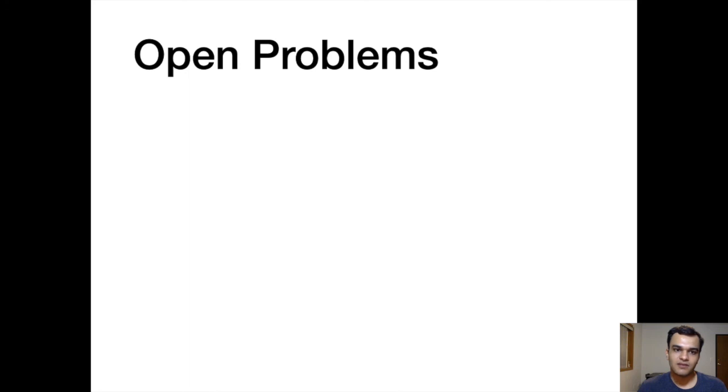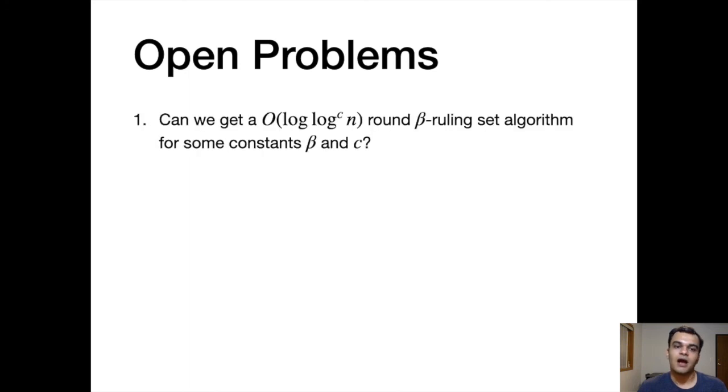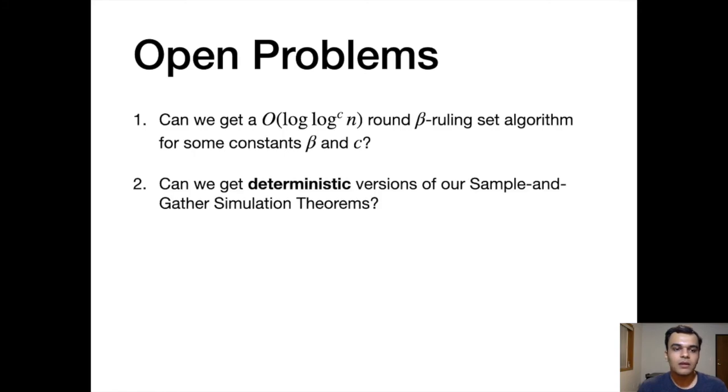Further open problems that I'd like to mention are, can we get a polylog n round beta ruling set algorithm for some constants beta and c? Second is, can we get deterministic versions of our sample and gather simulation theorems?